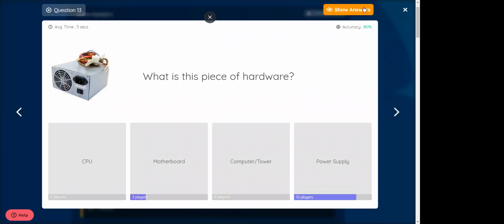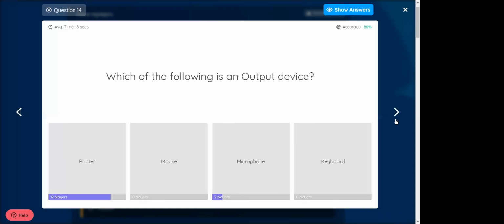What is this piece of hardware? Power supply. Yeah, it's a power supply unit. Next. Which of the following is an output device? Printer, mouse, or keyboard? Printer is an output device.